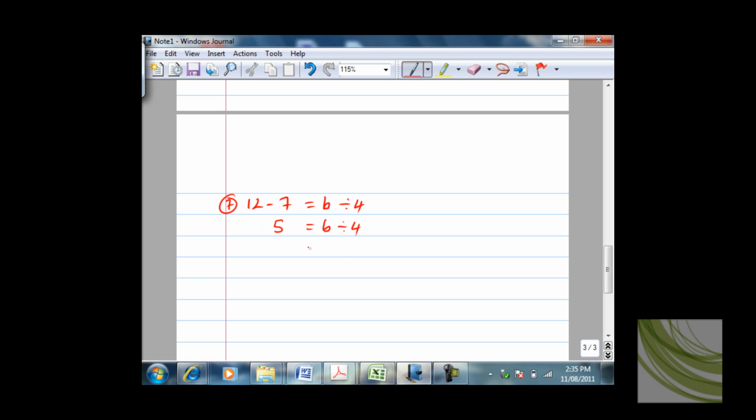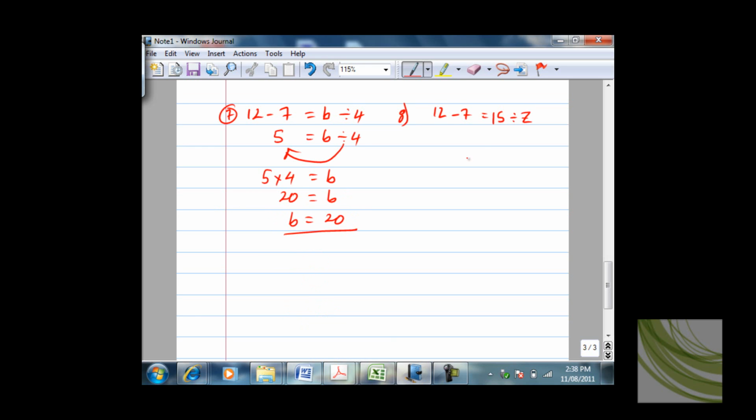And then we'll get rid of that 4 and bring it to the left hand side. And when we're swapping sides, swap the operation. So division becomes multiplication, and B has got a value of 20. So we can rewrite that in that form, and that's our answer. B equals 20.